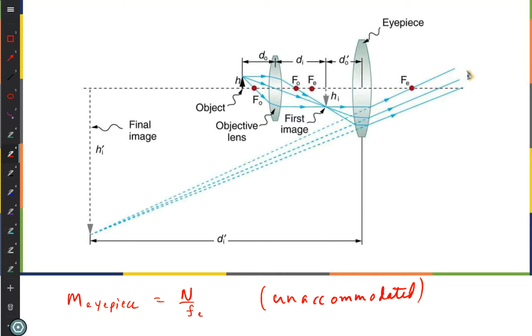If it's unaccommodated, what is that distance image prime? Where are you looking at if it's unaccommodated here? The far point. The far point, which for the normal eye is infinity. So for the unaccommodated eye, this distance image prime is infinitely far away. So your eyeball is relaxed.